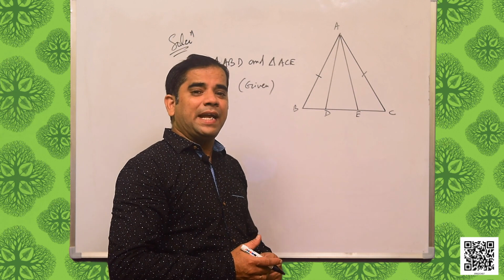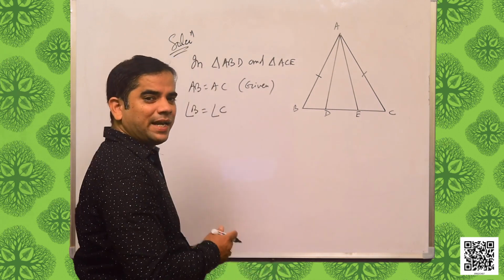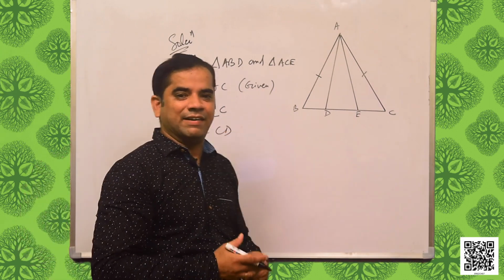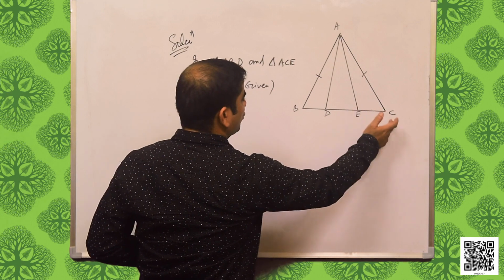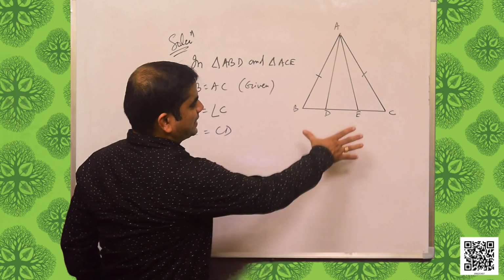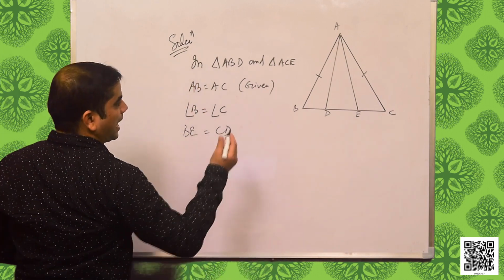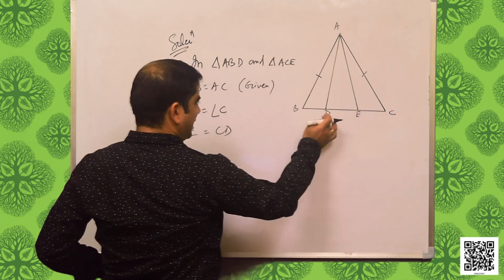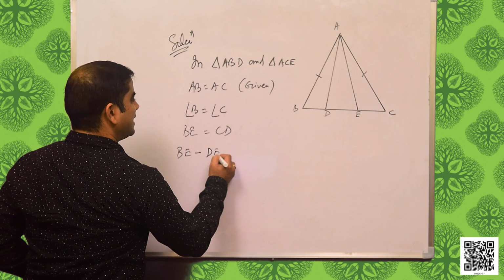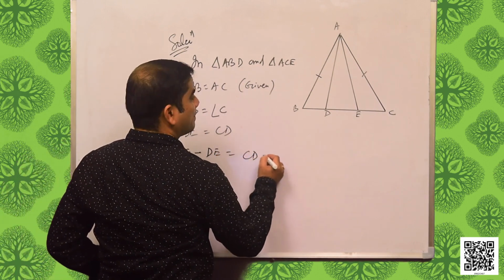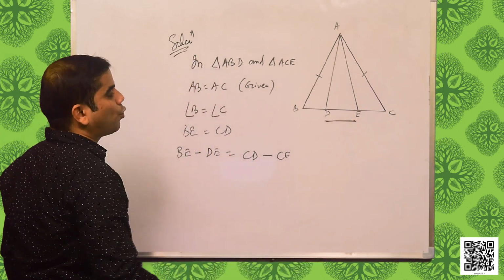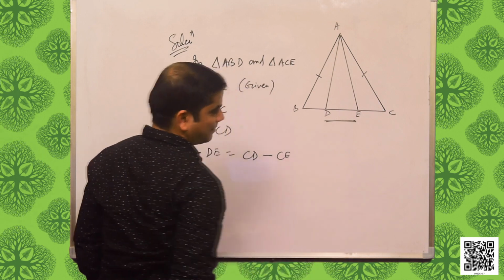Then BE is equal to CD, it is also given. If BE is equal to CD and BC is the base, we can say that BE minus DE is equal to CD minus DE. Why? DE is common to both BE and CD.